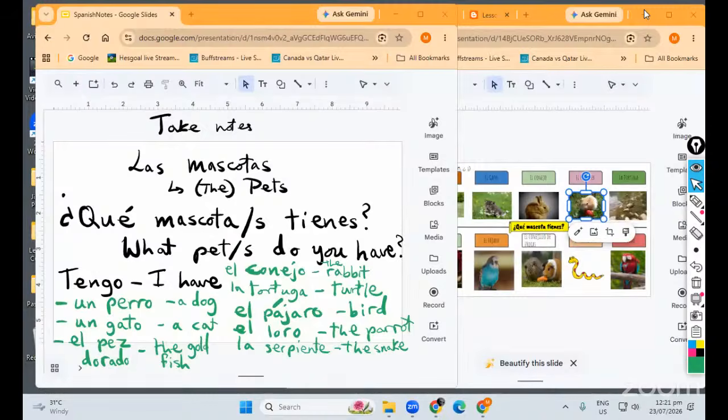Serpiente is snake. La serpiente is snake, right? All right, I will say it again just now, right?